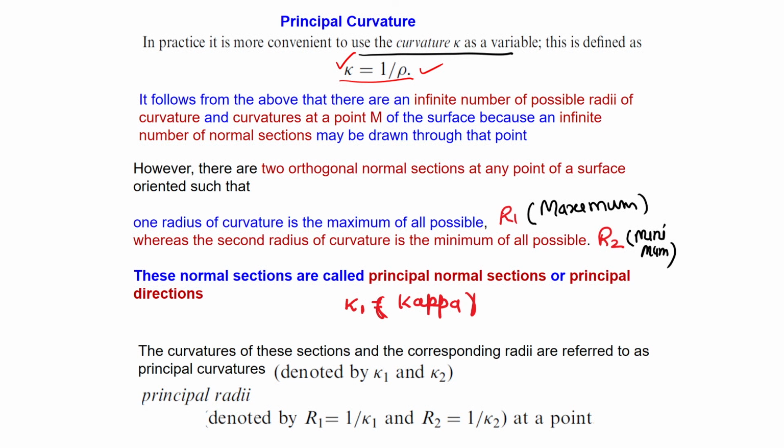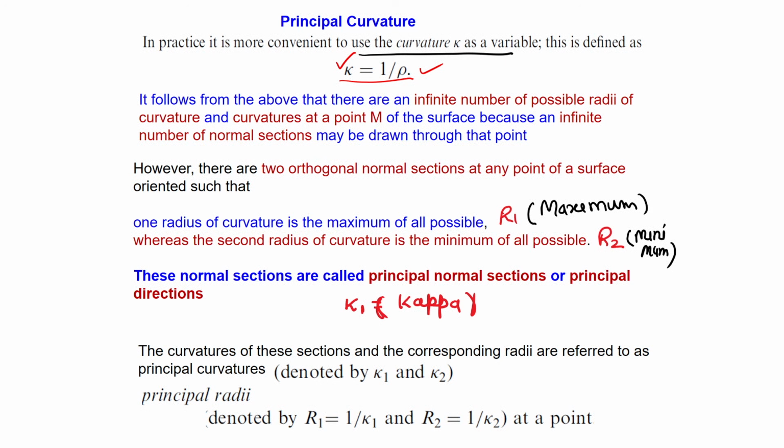So already I have discussed that there are an infinite number of possible radii of curvature and curvatures at a point M of the surface, because an infinite number of normal sections may be drawn.